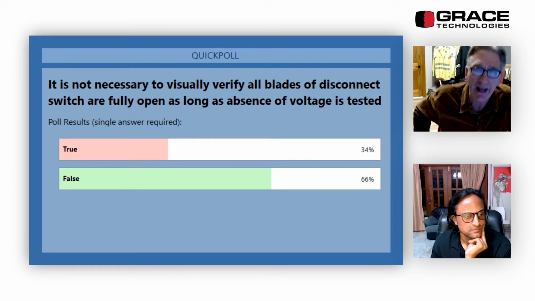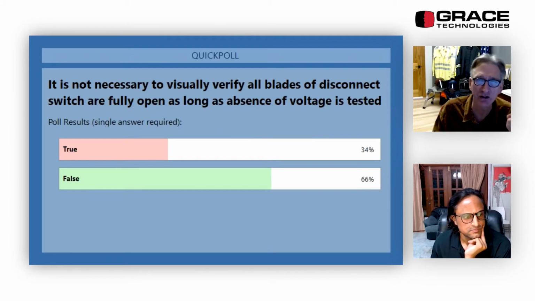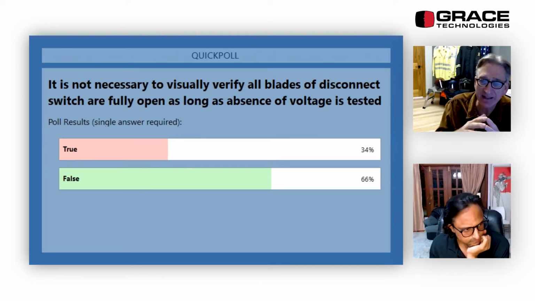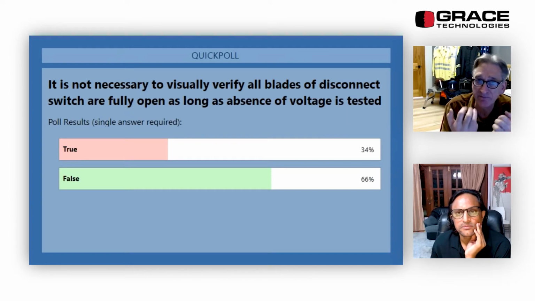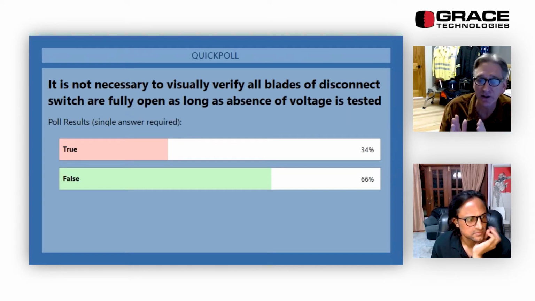And it says wherever possible, visually verify. Can we do this on a molded case circuit breaker? Well, no, we can't see inside that circuit breaker that the contacts have separated. So that's not possible. A disconnect switch, a safety switch, it is possible to open this disconnect switch up and visually verify the blades are out.